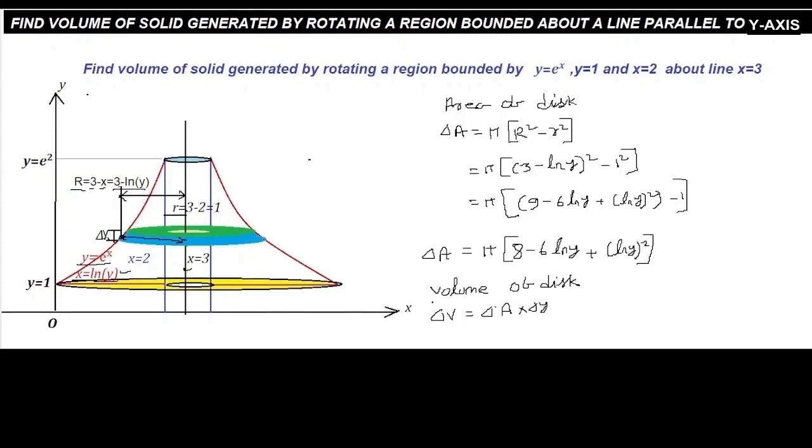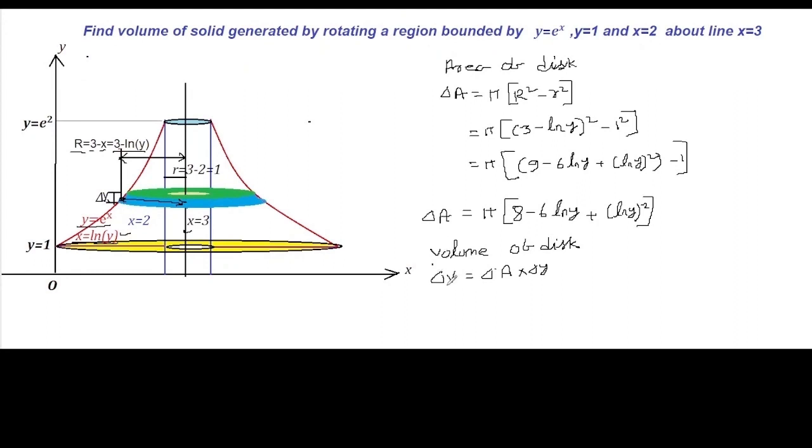So here we just need to put the value of the delta A, which is going to give us the volume as pi into 8 minus 6 ln y plus ln y the whole square multiplied by delta y.